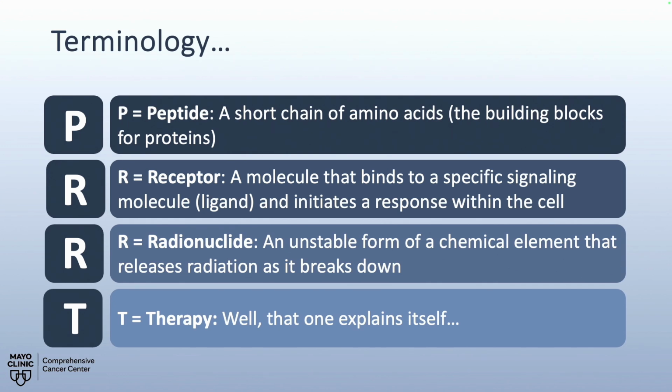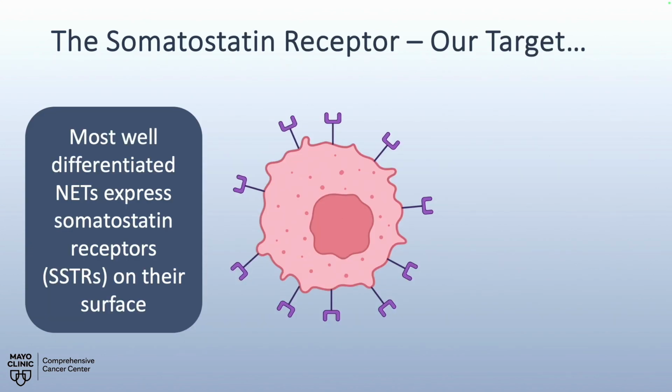So that's PRRT. Let's talk about our friend here, the somatostatin receptor, because we're going to keep coming back to this concept. In the middle here, we have a neuroendocrine tumor cell, and you can see the nucleus, and all of these little things poking out of the surface, like little plaques.